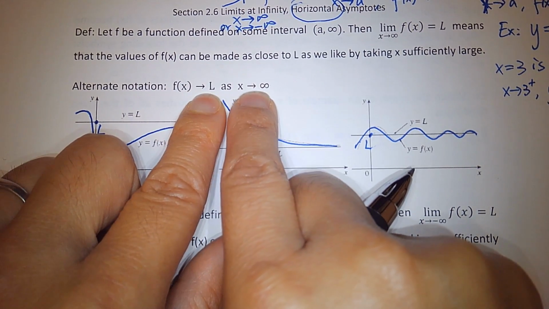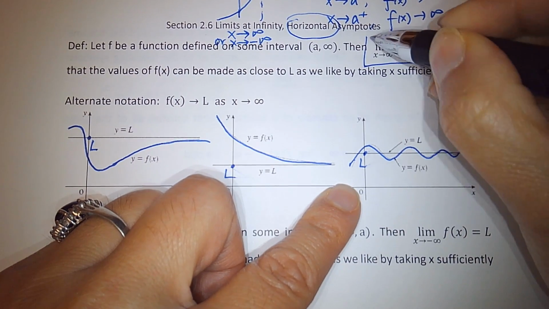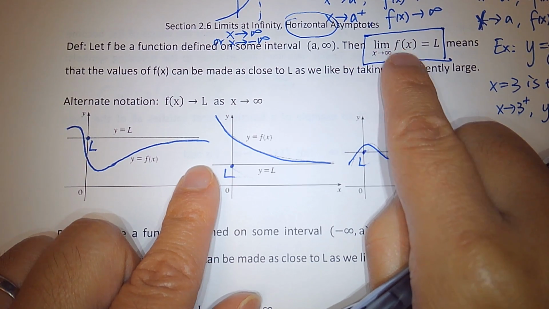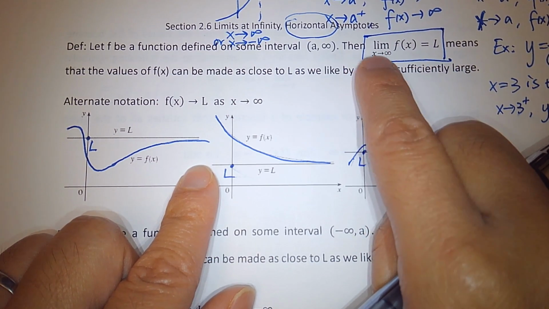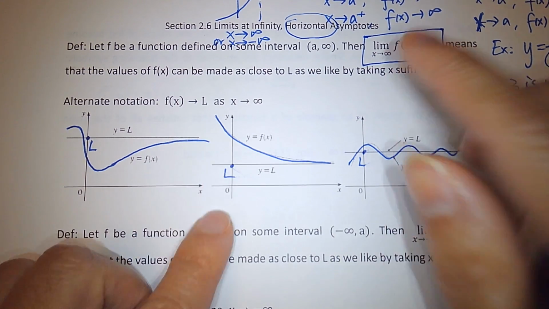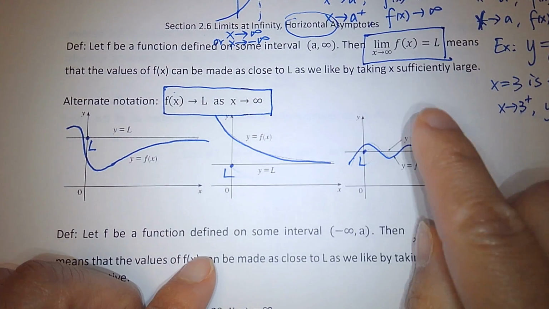If this is the case, we say we have this limit: the limit of f of x equals L when x approaches positive infinity. So this and this are just alternate notations.